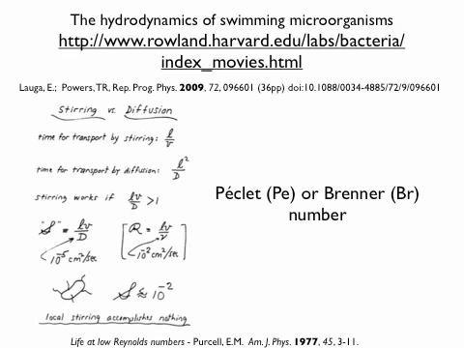Otherwise, if you take the ratio of these things and it's smaller than 1, stirring doesn't work anymore, because diffusion is faster than stirring.